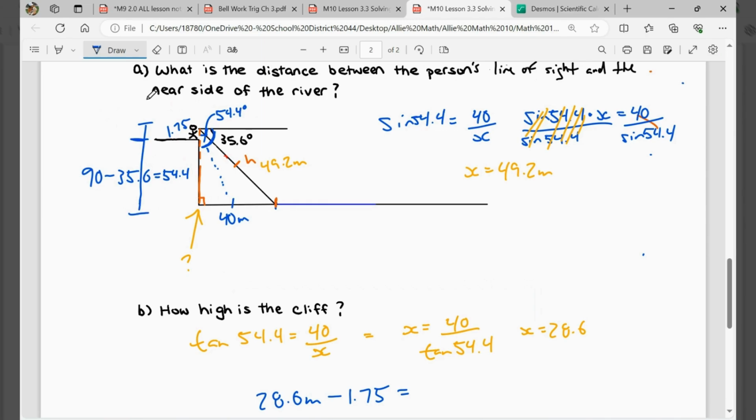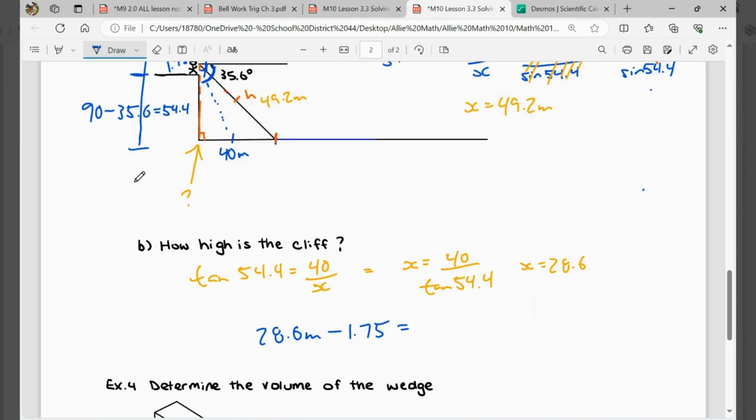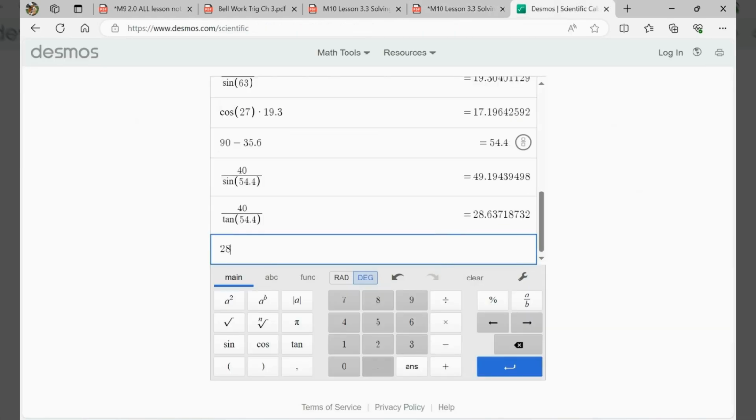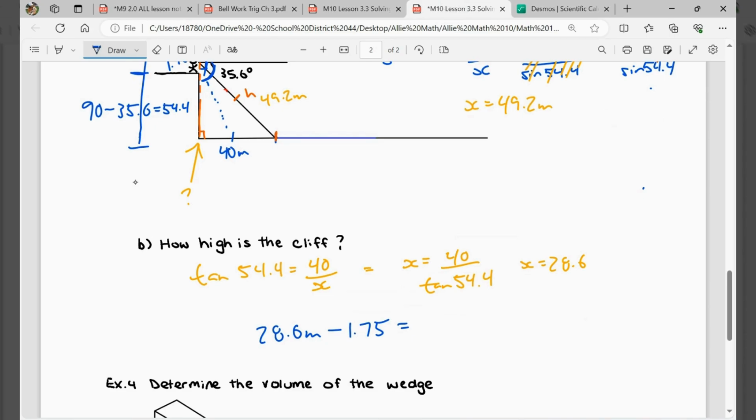This whole thing is what we've just determined, but we need to subtract the 1.75 to get the height of just the cliff. So let's go 28.6 minus 1.75, and we get 26.85 meters.